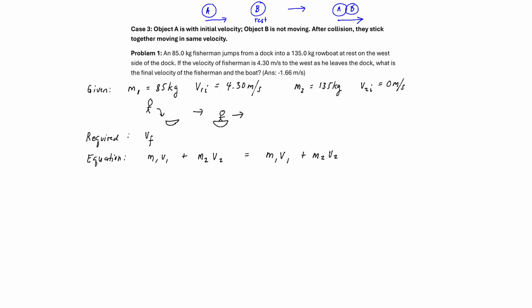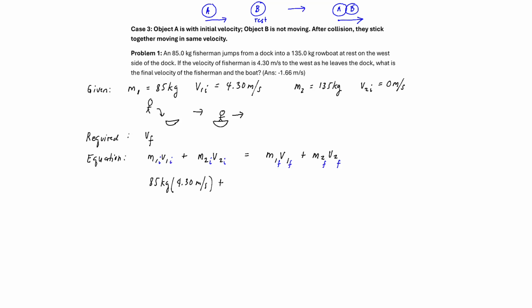And of course, we could write here the initial conditions and then the final condition. If we look at mass 1, that would be 85 kilograms. So we're going to plot it now: 85 kilograms multiplied by the velocity of 4.30 meters per second, plus the mass 2 and the V2i.